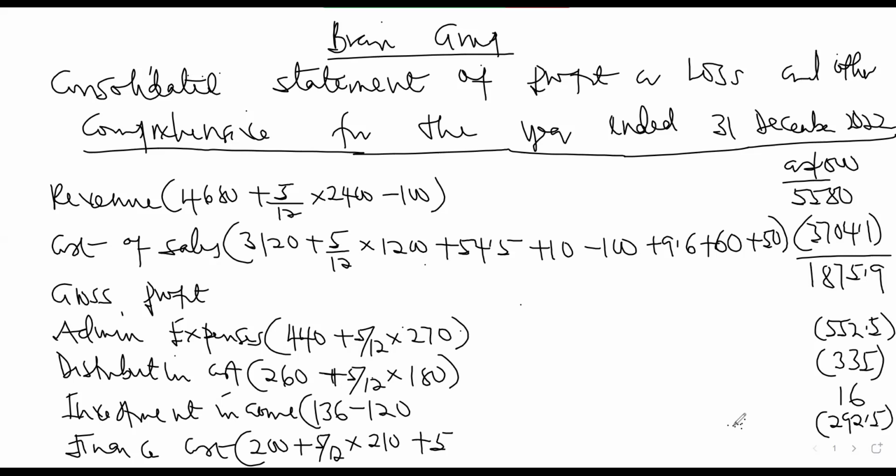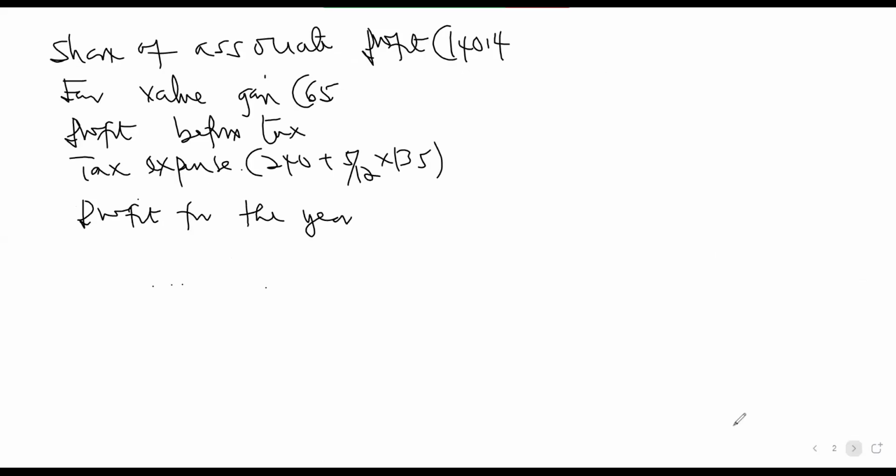292.5. Okay, so let's come to share of the associate profit, which will be 140.4. Then the gain will be 65. Let's now have profit before tax.